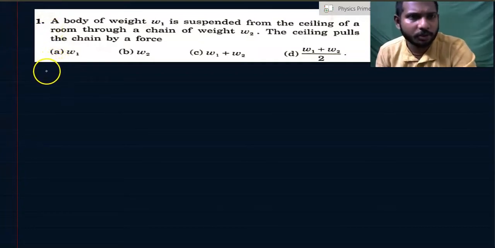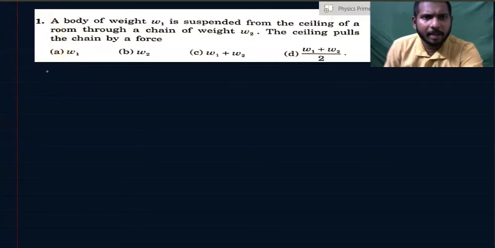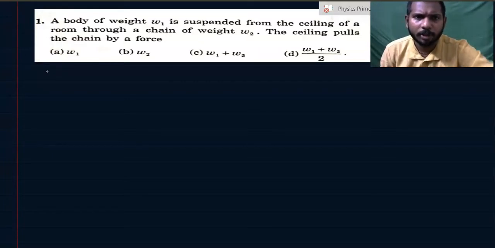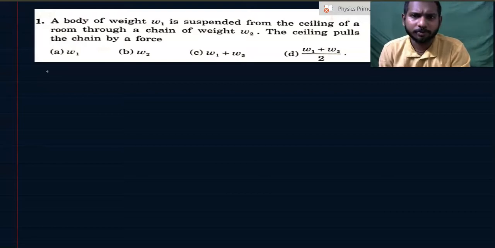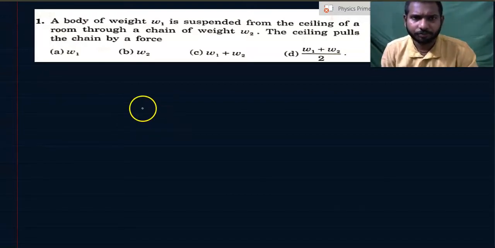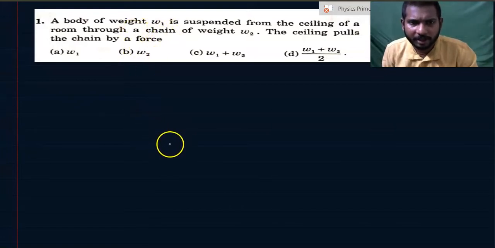Let us see this first question. A body of weight W1 is suspended from the ceiling of a room through a chain of weight W2. The ceiling pulls the chain by a force.